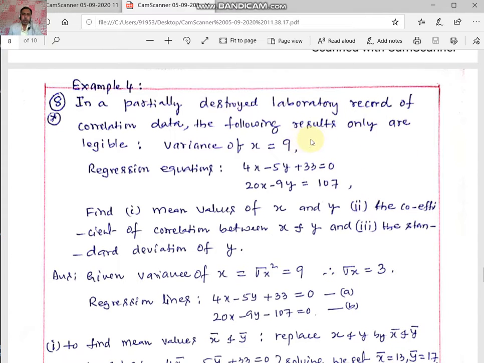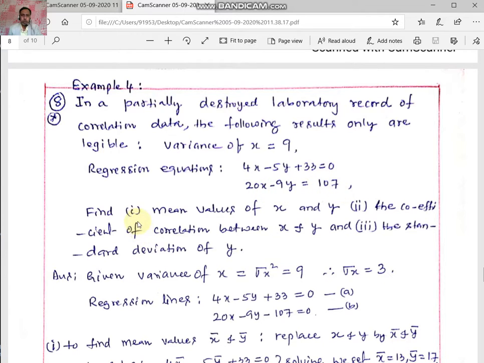Okay, in the next example, this is an important example. In a partially destroyed laboratory record of correlation data, the following results only are legible. That is, variance of x is equal to 9. Regression equations are 4x minus 5y plus 33 is equal to 0, 20x minus 9y is equal to 107.